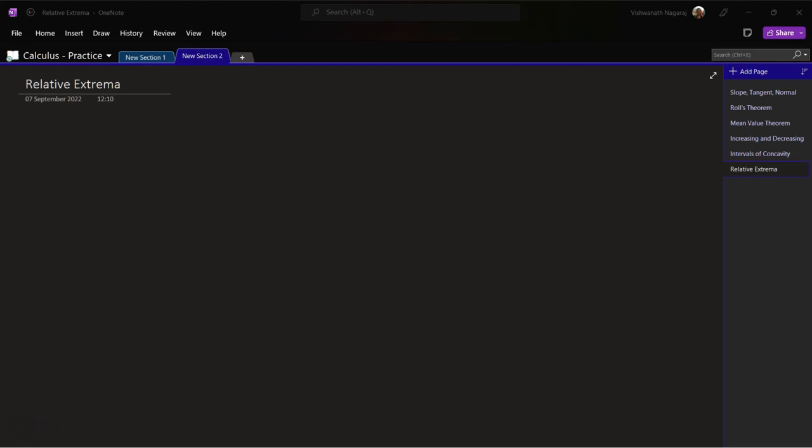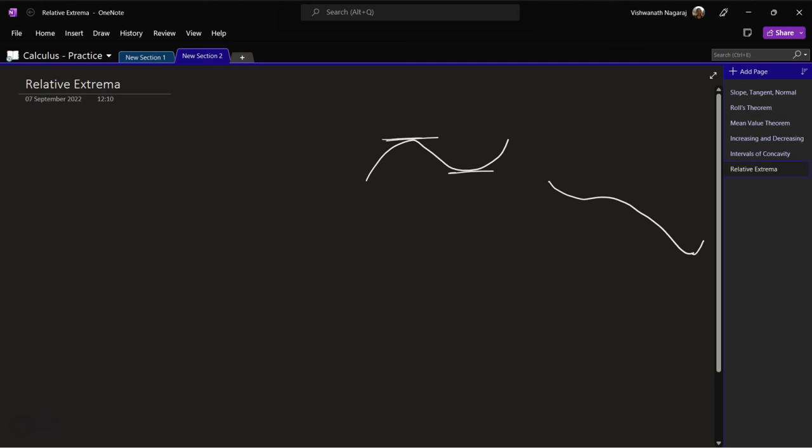Let's look at relative extrema. Okay, so let's say we have a curve like this or like this. Now here, if you notice, we have already seen that these are the points at which the slope is 0, right?